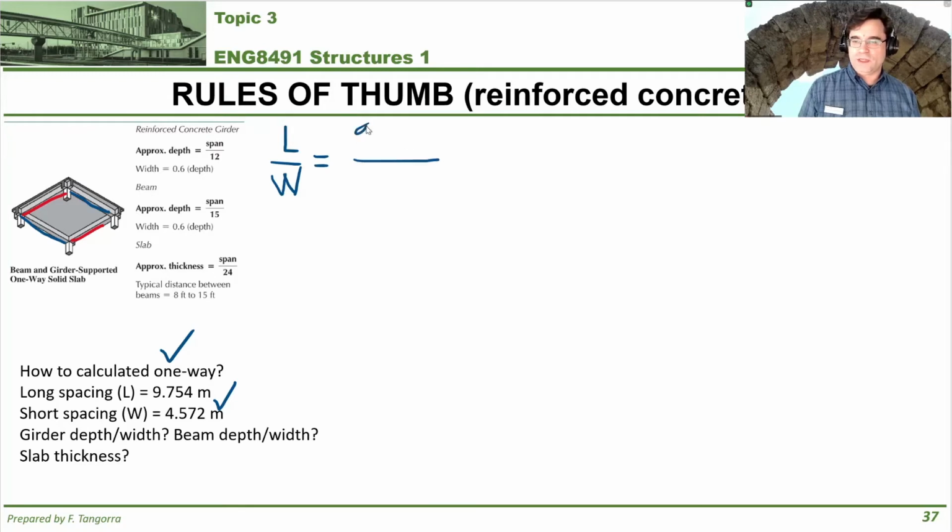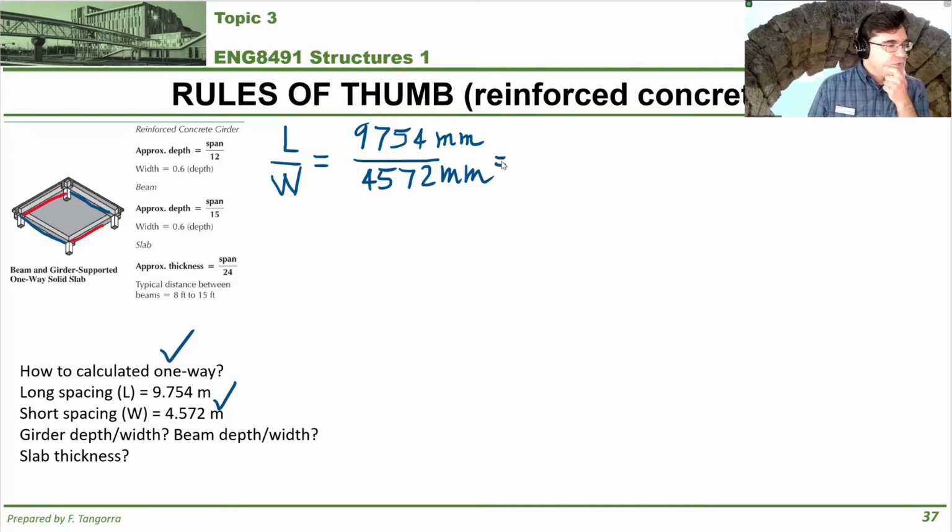If I do 9,754 millimeters, like this, and I divide that by 4,572 millimeters, like this, what do I get? When I do best 2 out of 3, I get 2.13. That's greater than 2, so that confirms that it is in fact a one-way slab.